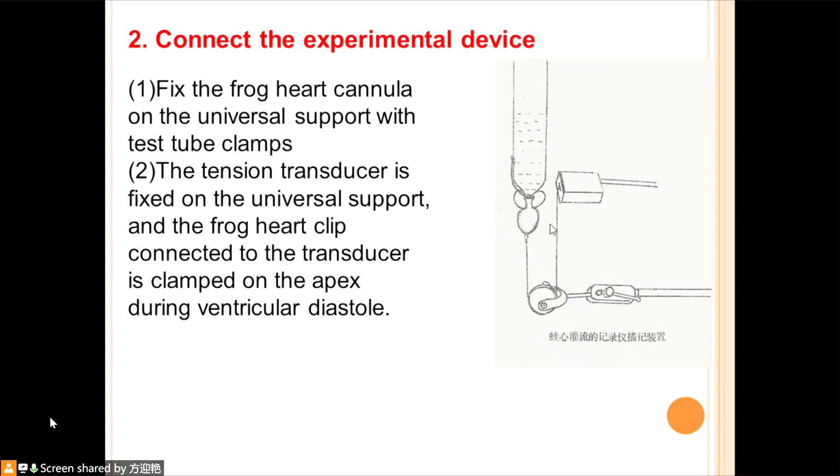When the heart contracts, we can feel the tension. The tension can be recorded by the tension transducer, which receives the tension and sends it into the computer, and then we can record the heart contraction curve.